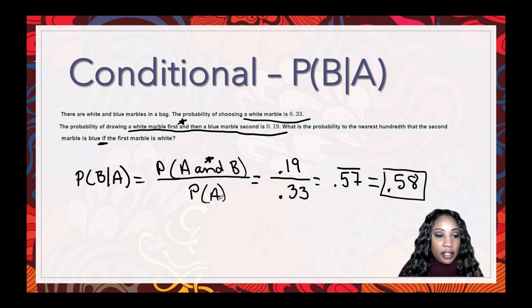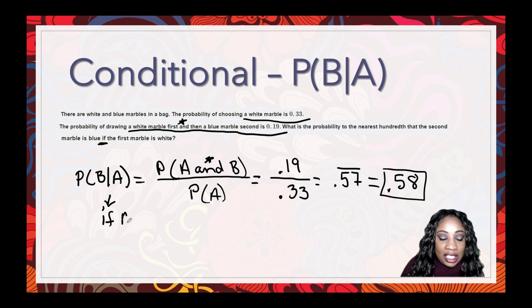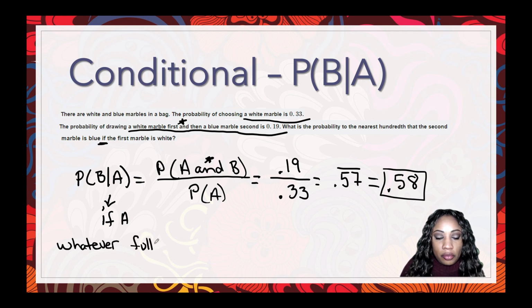Another way to think about it is, remember, this is the probability of B given A, or the probability of B if A. So if A, whatever follows if, goes on the bottom, because the probability of A is going on the bottom.